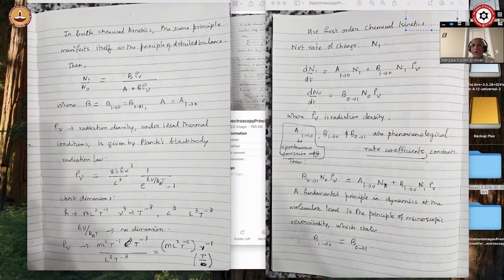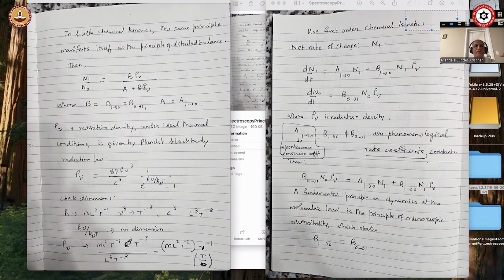Therefore, if you take N1, then it's the sum of A10 plus B10 rho V. That is this, A plus B rho V. I replaced the 10, removed everything. B is B and A is A. So N1 by N0 is B rho V over A plus B rho V. N0 comes here, and the coefficients come on this side in the denominator.